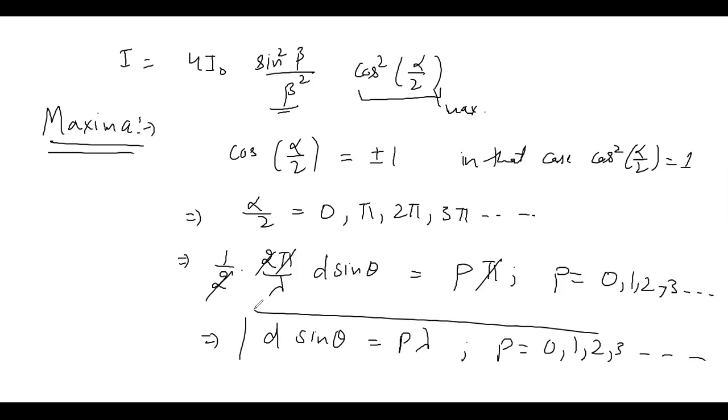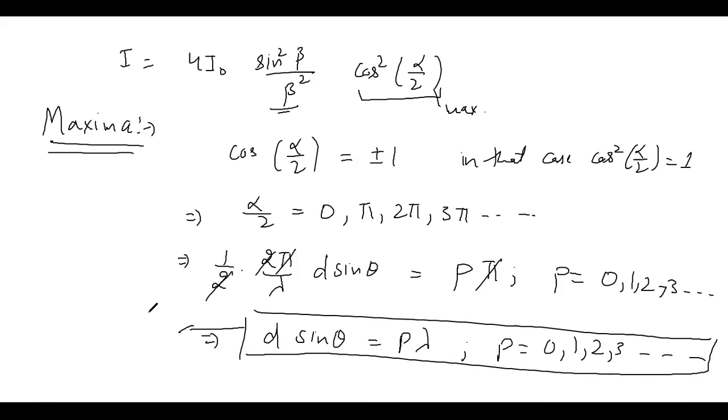So whenever this condition is satisfied, you will get your maxima on the screen. अगर आपका d sin theta 2n minus 1 lambda by 2 है तो आपका मिनिमा होगा, और अगर d sin theta n lambda कह लो या p lambda कह लो या q lambda कह लो, it doesn't make any difference.